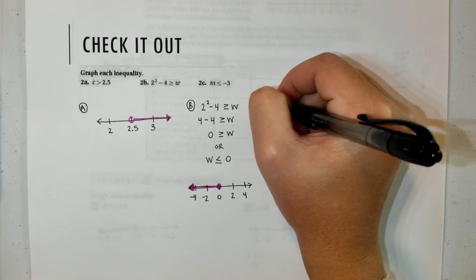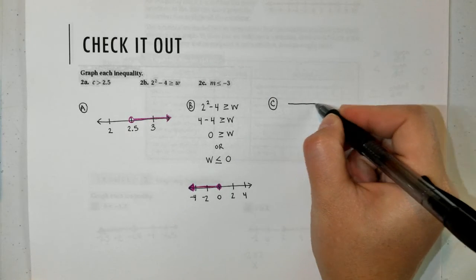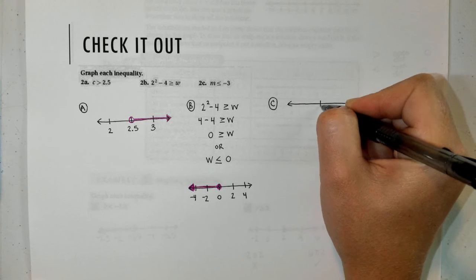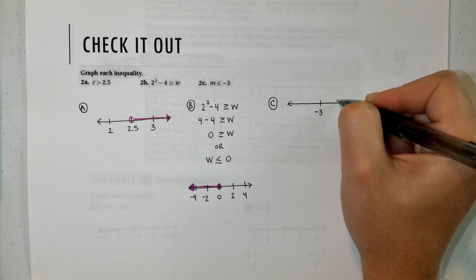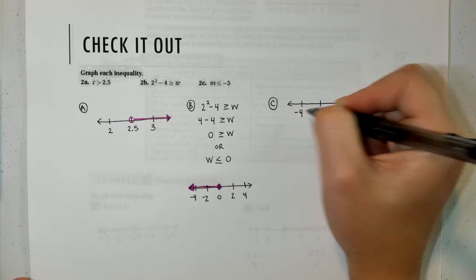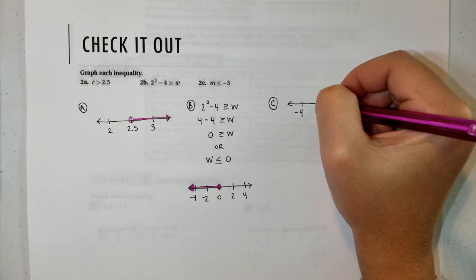And then C, we have M is less than or equal to -3. So I'm going to draw my number line. I'm going to put -3 in the middle. And then we have -2. And then -4. Less than or equal to, -3 is my important number. It has the equal to, so the dot's going to be filled in.